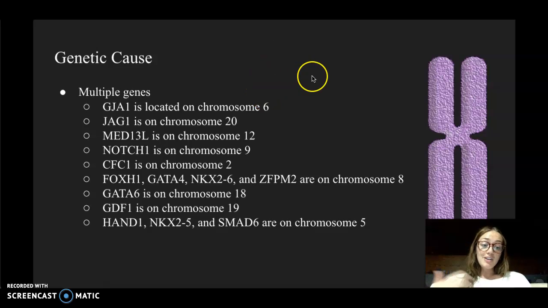I have listed here a lot of different mutations and genes related to the development of the heart, on different chromosomes, and how they could potentially affect the development of the heart and these congenital heart diseases. I focused specifically on Notch1 on chromosome 9, but we'll get into that in just a moment.